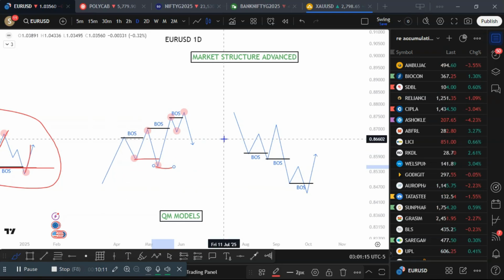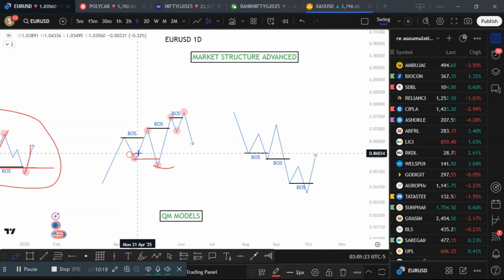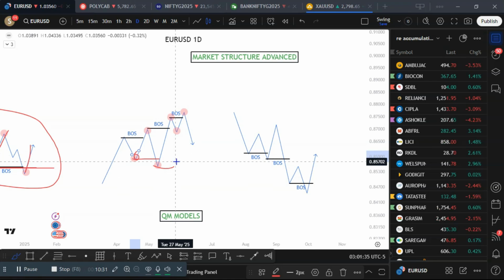Price broke external liquidity, then it broke internal liquidity, and then it further pushed upside. So that point becomes strong. This is the indication of manipulation. Price stopped out early buyers or sellers and then it pushed the move. So that point becomes our strong low.